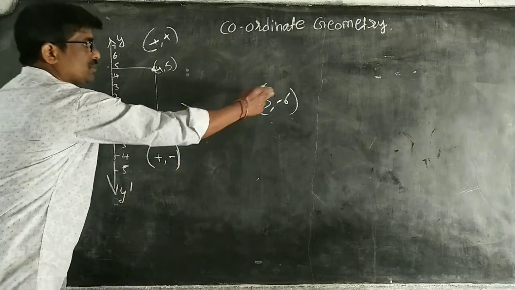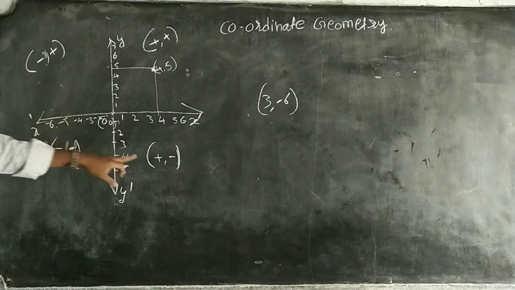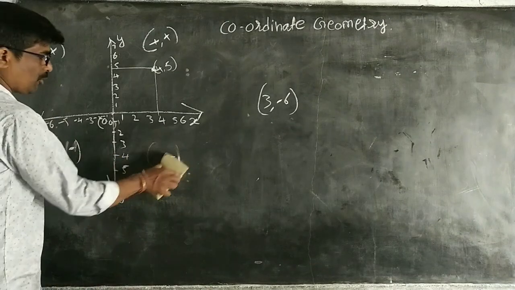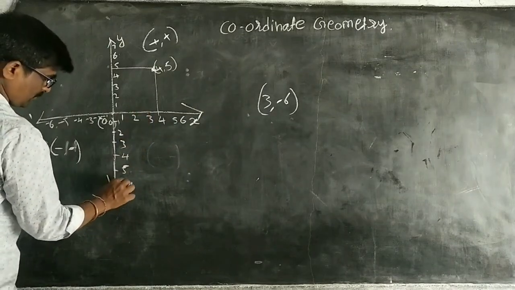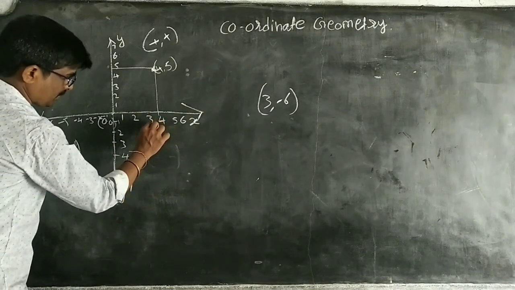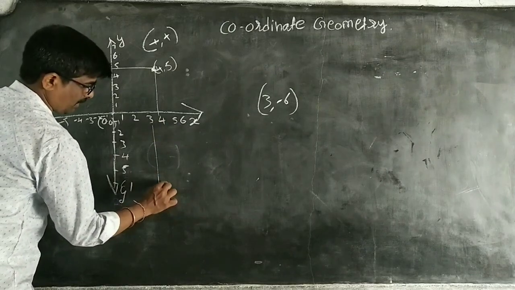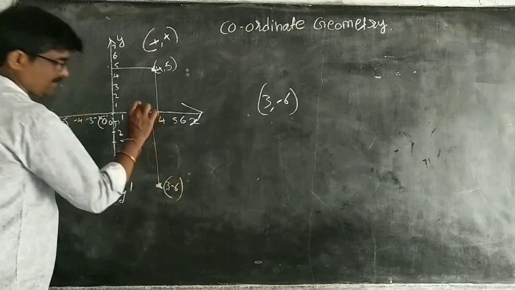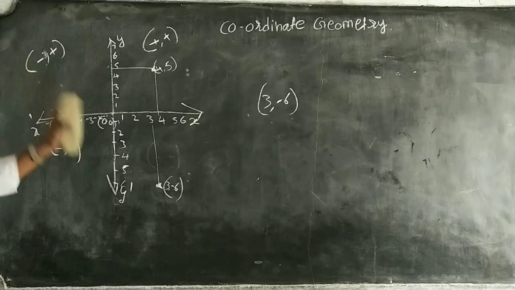So x is positive, y is negative, and I locate this point here. x is equal to 3, y is equal to -6. This is the point 3, -6.